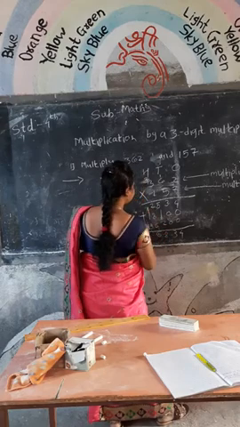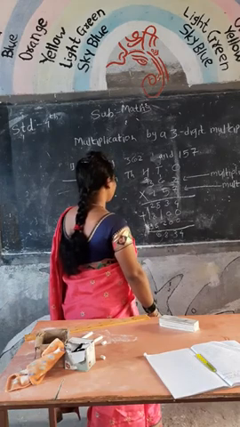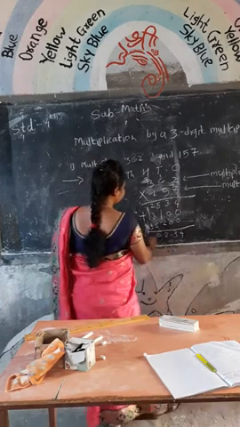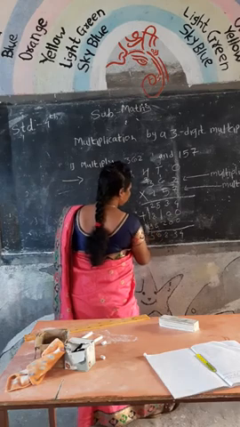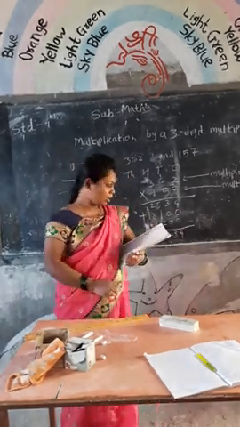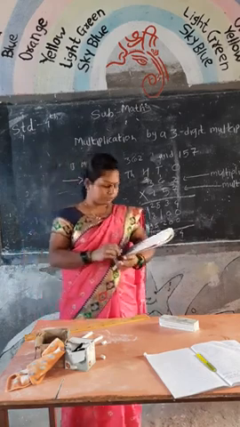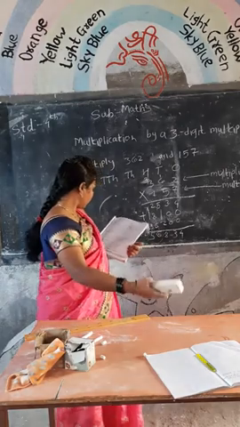Carry 1. 1 plus 1, 2 plus 3 is 5. 56,834. This is the final answer. Next, see the second example.